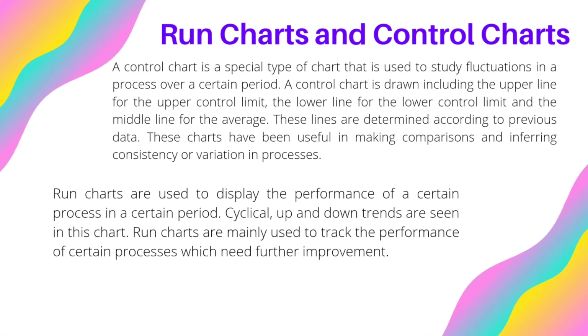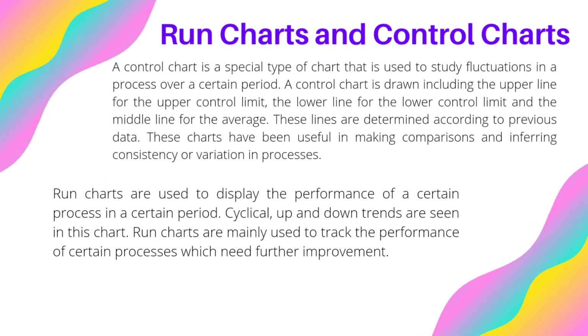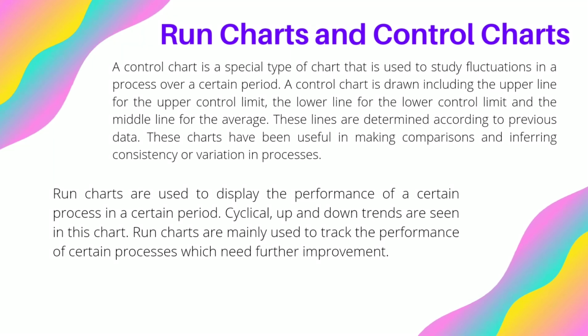Next are the run chart and control chart. The differences between the control chart and run chart are quite difficult to understand. A control chart is a special type of chart that is used to study fluctuations in a process over a certain period.